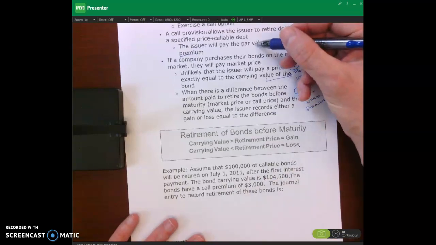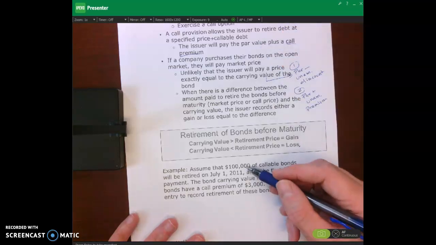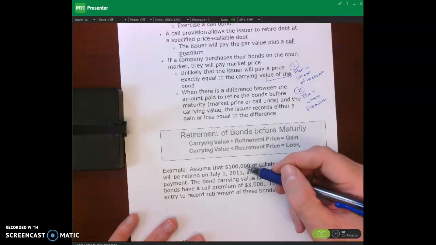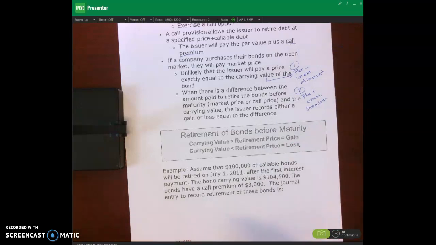The price that the issuer is going to pay in this situation is par plus the call premium. That's the price the company has to pay to retire their debt, which you can see is going to be $103,000.